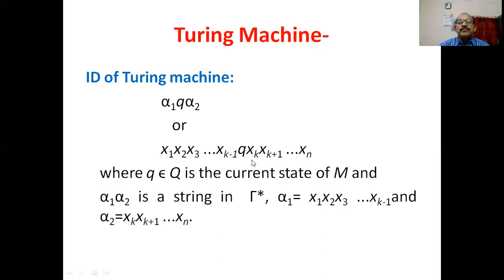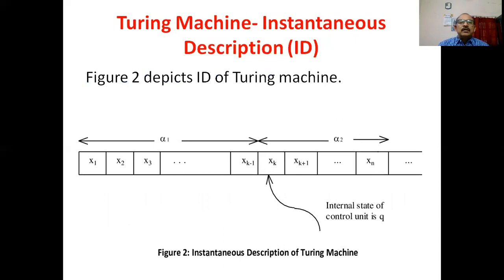Through this figure, you can see the current state of the machine is Q, and the symbol under the tape head is xk.